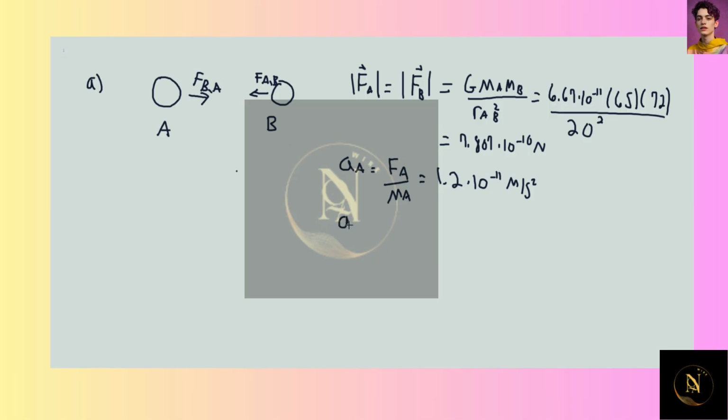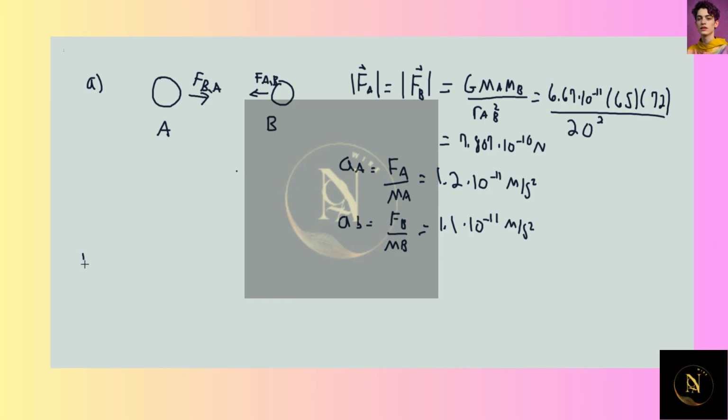And for astronaut B, F_B over the mass of the astronaut, and again, F_A and F_B are the same here. Doing this, we'll get 1.1 times 10 to the negative 10th, or 11th, sorry, meters per second squared. So that's part A here.